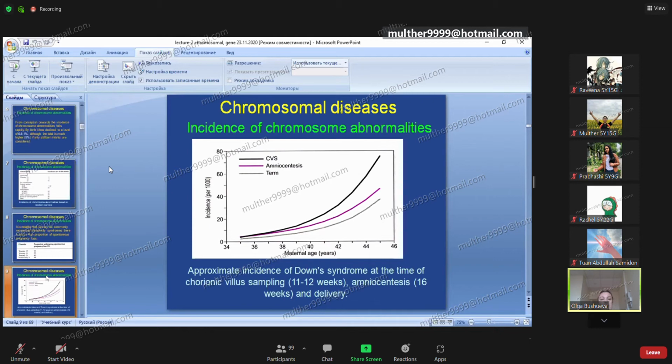You can see that after maternal age 36 years old, the incidence of chromosomal abnormalities is increasing extremely. Can you see? Yes, madam. Especially after 44 years old.